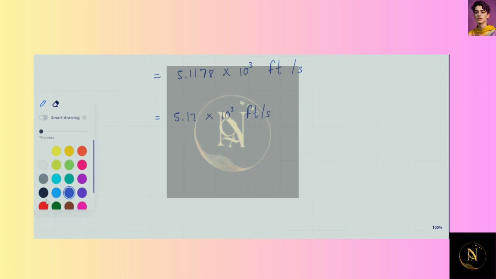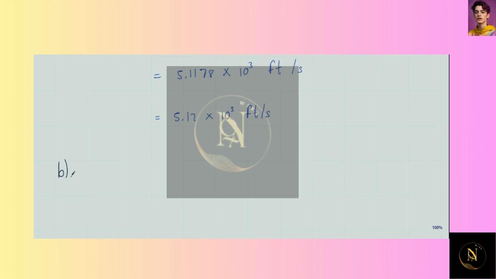Now the next thing we want to do is calculate the speed change at B. So the speed change at B we'll call delta V B, and this is equal to the circular orbit speed minus the transfer speed, so VB2 minus VB1.